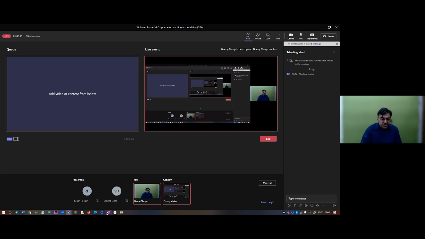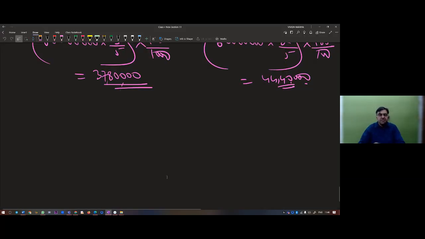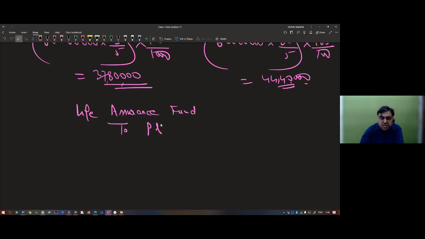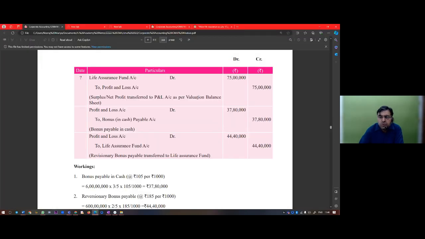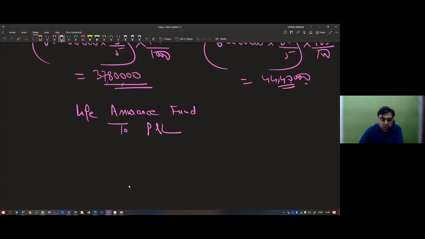Going next, from life insurance fund, we will transfer the profits for policy holders to P&L account.